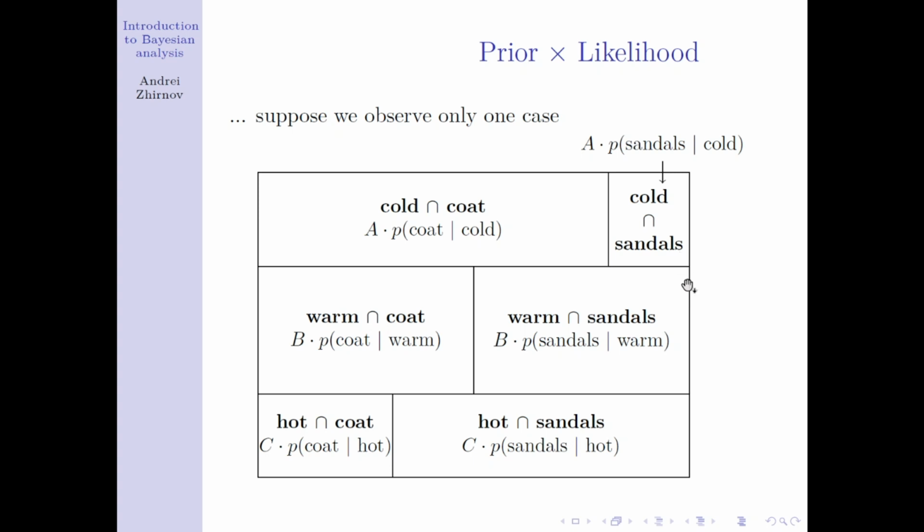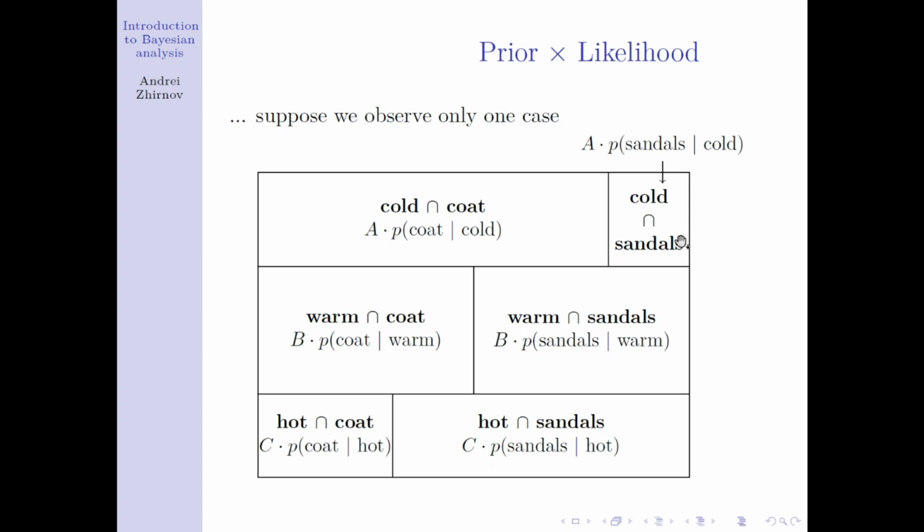Similarly, we can break down each of the other two stripes into two smaller pieces. A piece that corresponds to the event that the person is wearing a coat, and the piece that corresponds to the event that the person is wearing sandals. Now, all these calculations can be done before we actually observe any data.